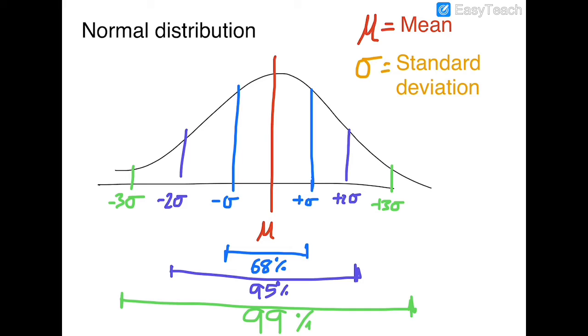So again, inside each of them, here we're going to have the 34, here also 34, symmetric, so the same. This one is going to be 13.5, 13.5. Here we're going to have 2%, here 2%, and here 0.5% and 0.5%, right? So that's the normal distribution.